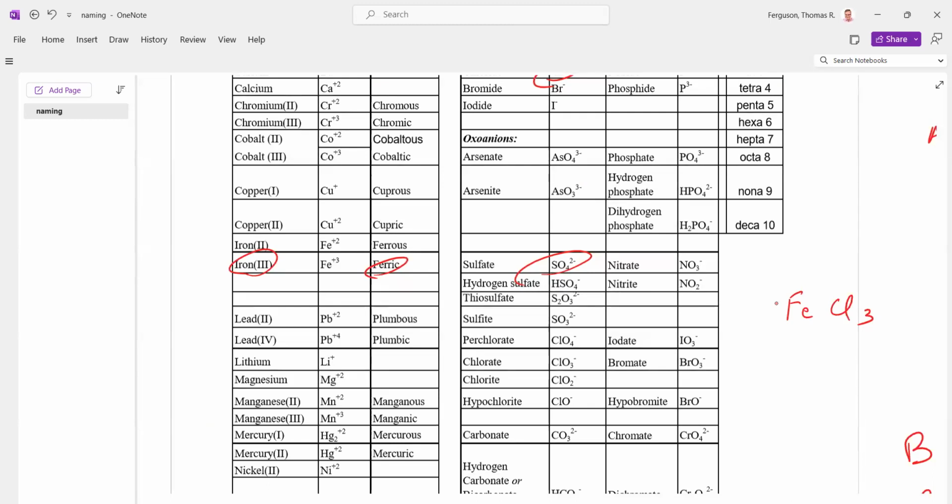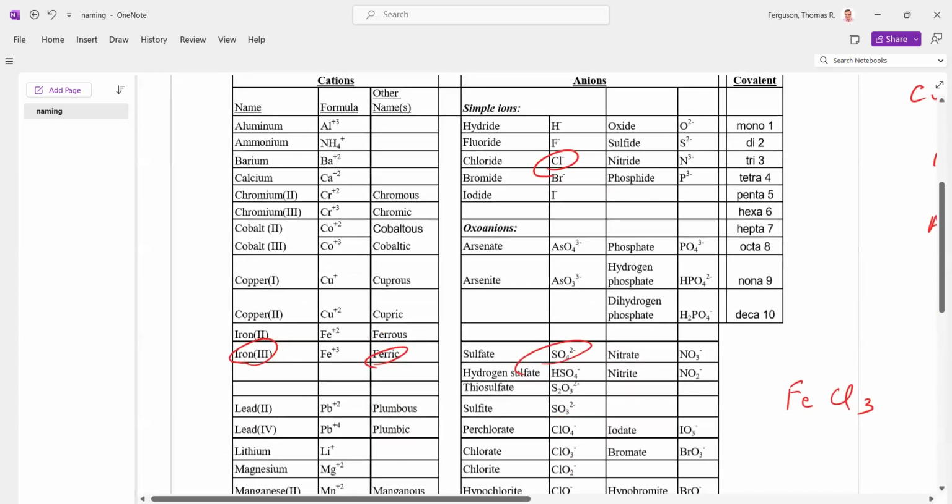The other names, the ones at the top here, those are the old names. The newer names, which have only been out for like 80 years, are these over here. So agriculture and the food industry uses the old names. So if this was in your food, you'd see ferric chloride on the label, not iron 3 chloride.